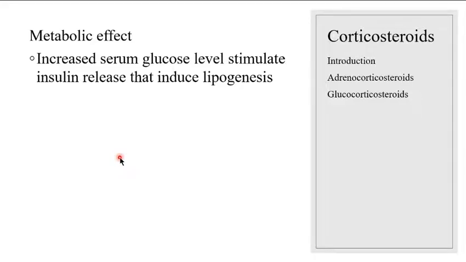There are certain sites in the body where there is lipolysis, but comparatively, lipogenesis is more than lipolysis. It is because of lipogenesis that we have a syndrome known as Cushing syndrome, which is a typical feature of high serum concentration of cortisol.